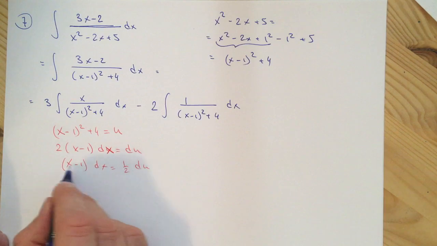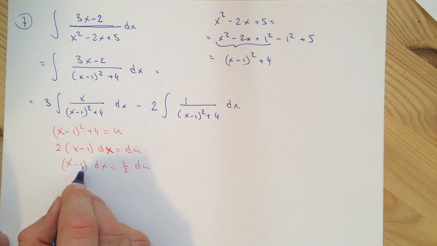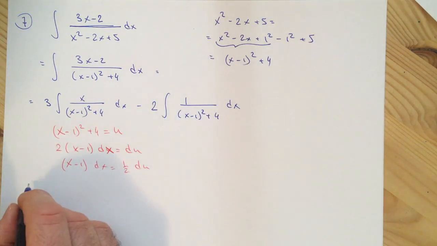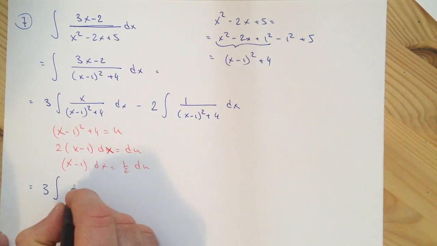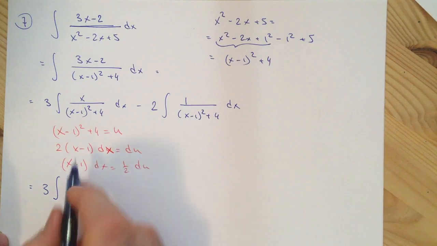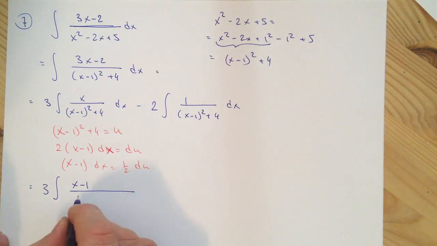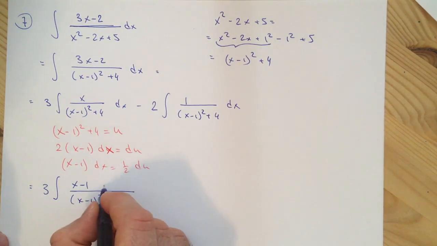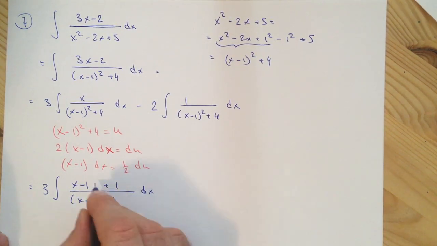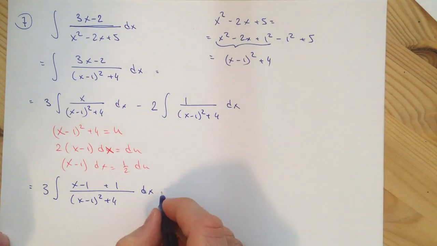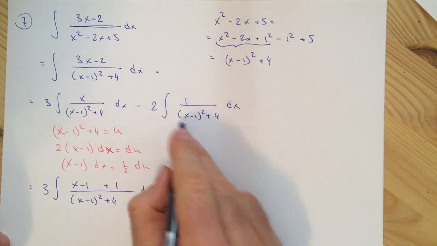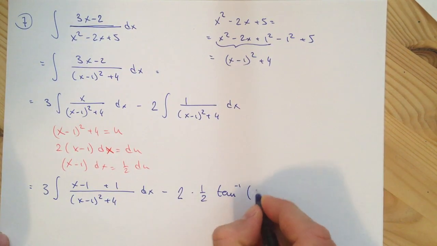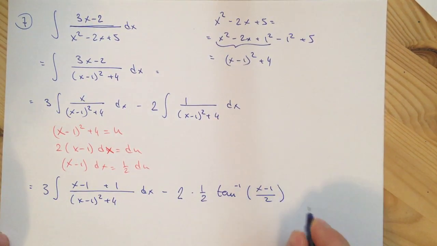I cannot expand this. I cannot drop the parentheses here. So I need to create that x minus 1 here. How am I going to do that? Well, I'm just going to subtract 1, and that's not equal to this, right? So if I subtract 1, I have to add 1. And now basically I haven't changed anything. Minus 2 times, we said that this antiderivative is 1 over 2 arctangent of x minus 1 over 2.